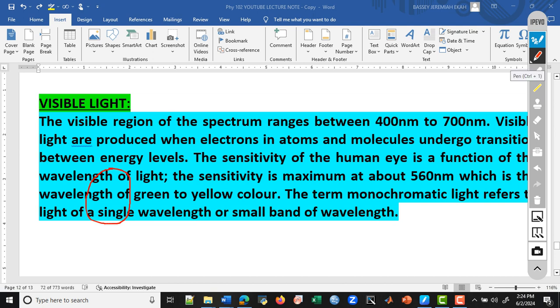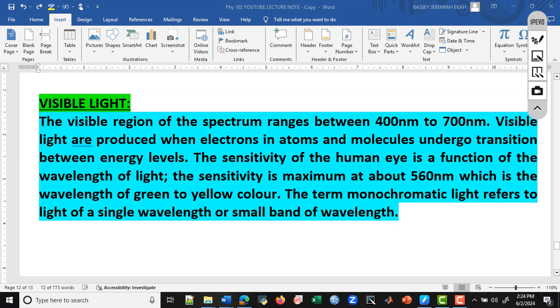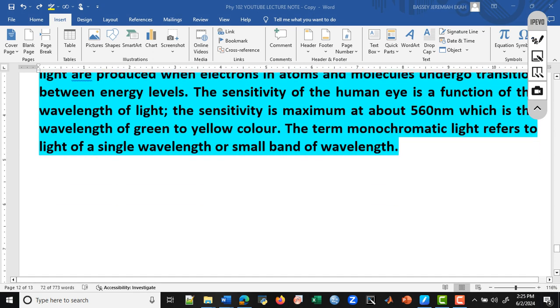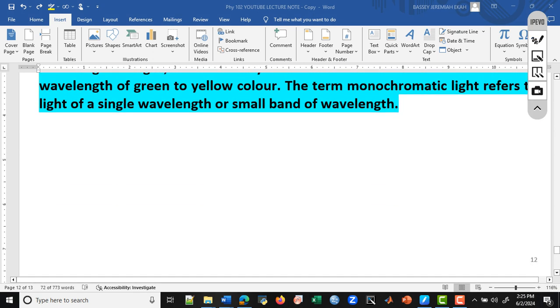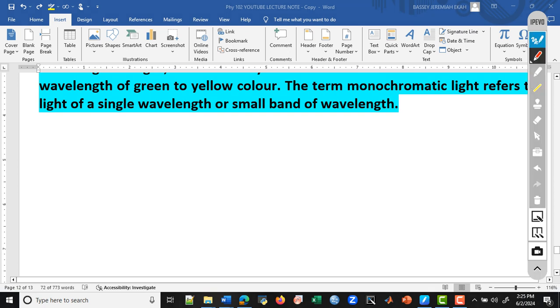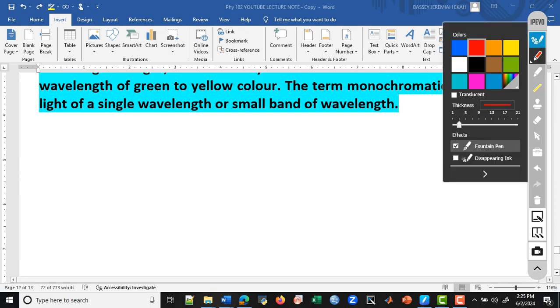Let me draw a certain figure here. So assuming you have the prism, let's assume that light is being focused on this prism.